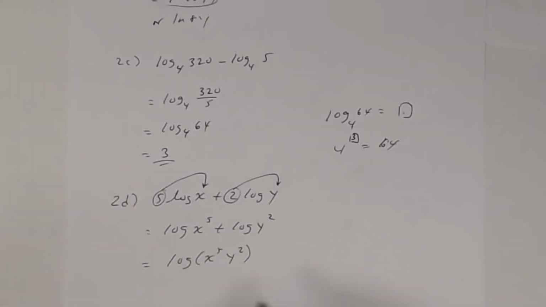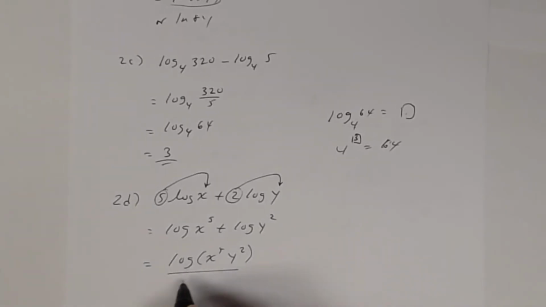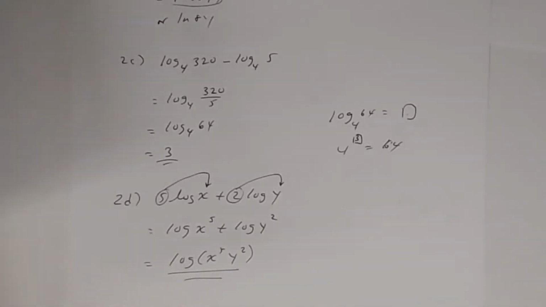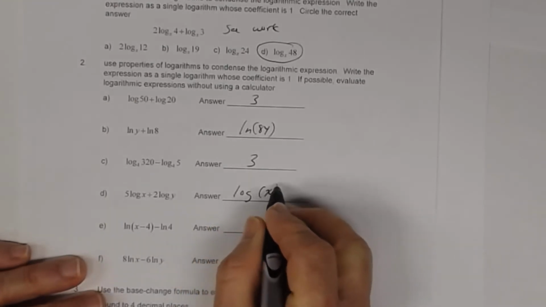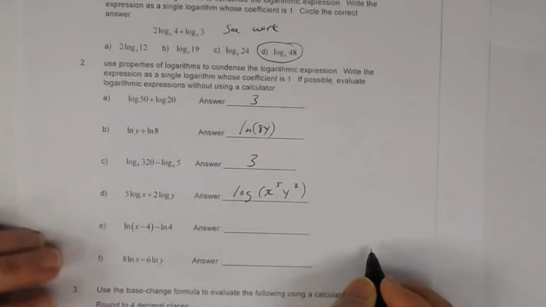And that's your answer. So you have that coefficient being 1, you wrote one logarithm. I wrote the sum of two logarithms as a single logarithm, and you need that coefficient to be a 1. Okay? So that's the answer to D. In D, you have the log of x to the 5th, y squared.